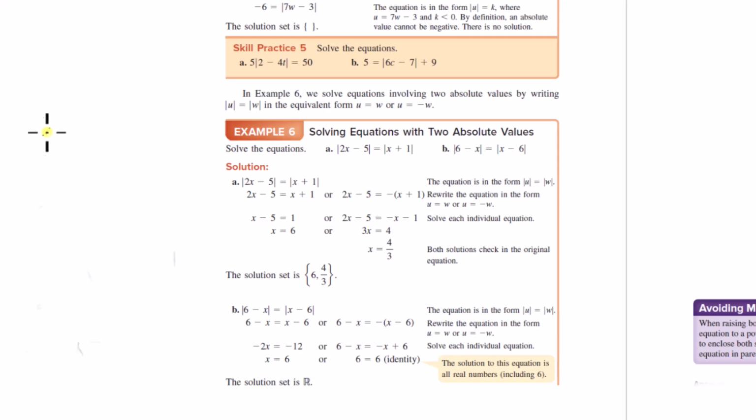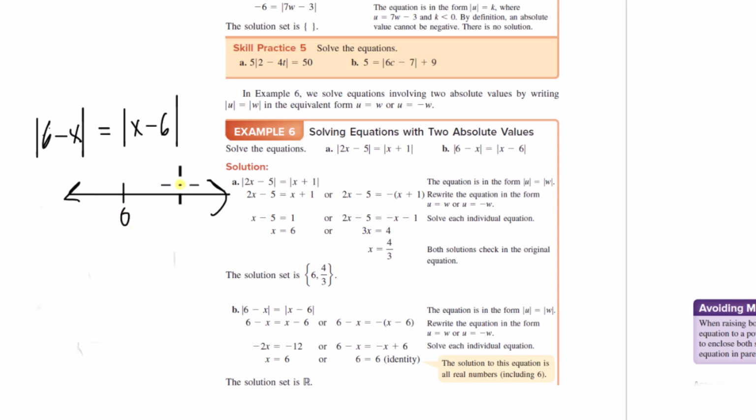Okay, let's see. We've got absolute value of 6 minus x is equal to absolute value of x minus 6. Okay, there's only one boundary point here. That's at x is equal to 6.